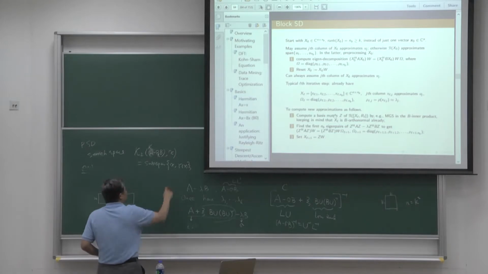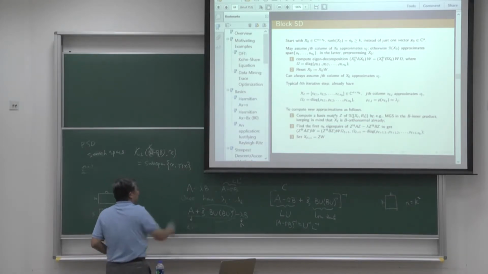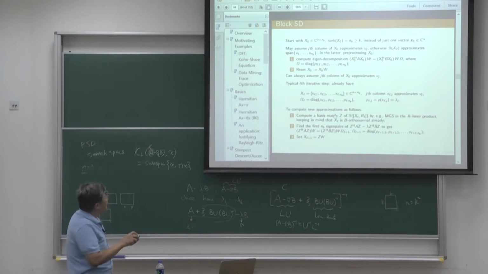That's the approximation, and that's the corresponding residual. Because we're assuming each column, for example xl1, the first column, is approximating u1, that vector will give rise to a residual.